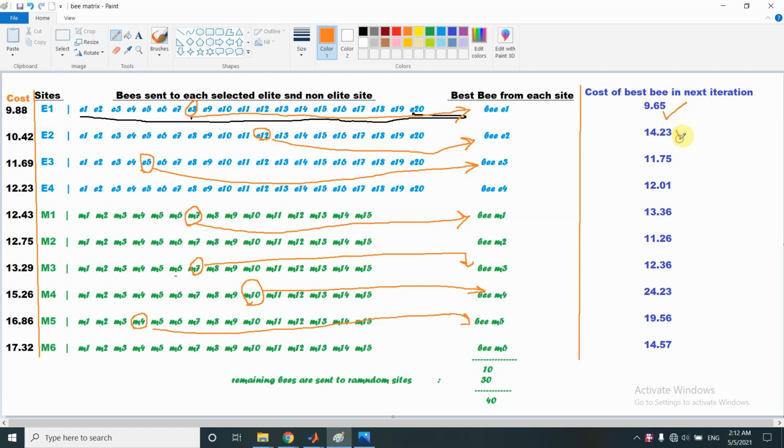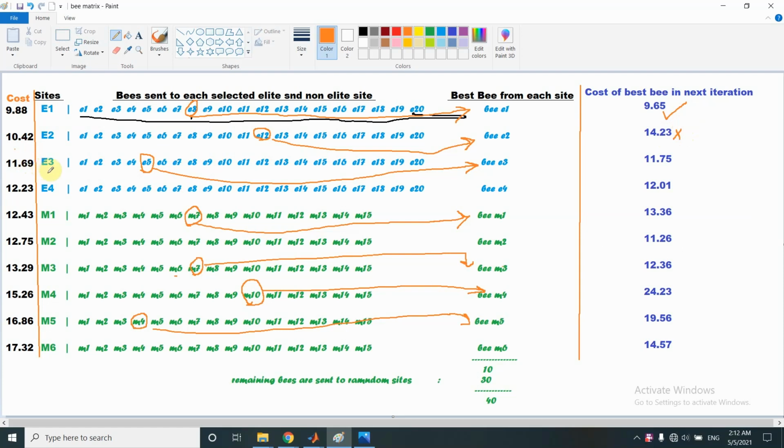So we will not update this. We will keep this 10.42 as the best cost and the bee giving the best cost as the bee for site E2.